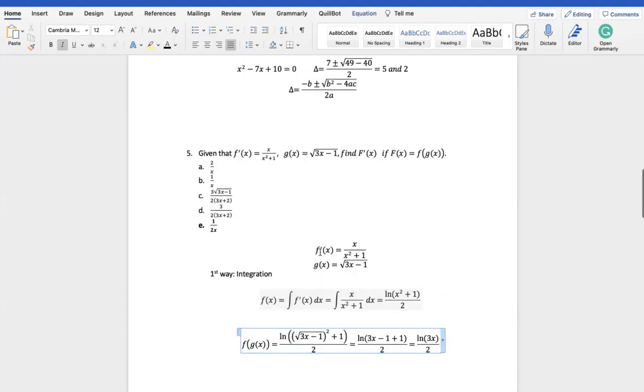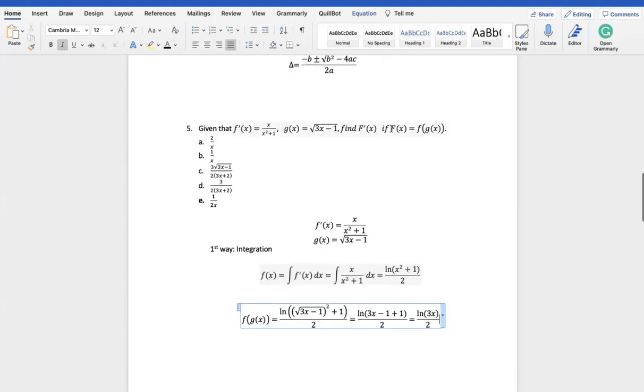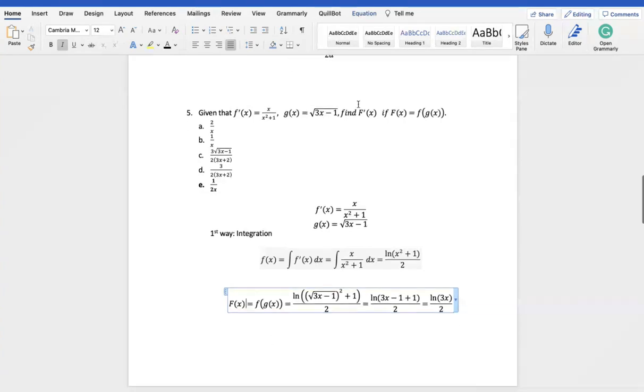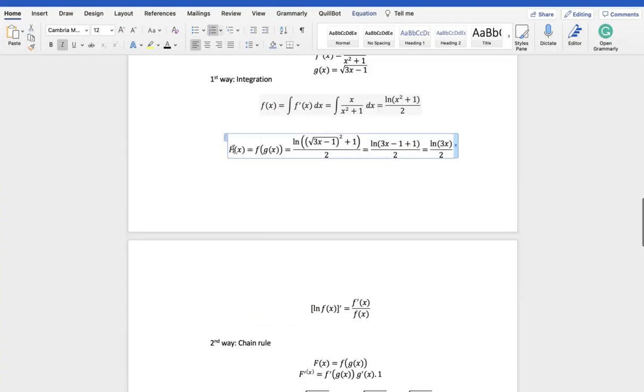And that's your big F of x, right? Remember, that's your big F of x, right? So when you take the derivative of that now, which is what you're looking for, you will have the derivative of ln 3x is just 3.